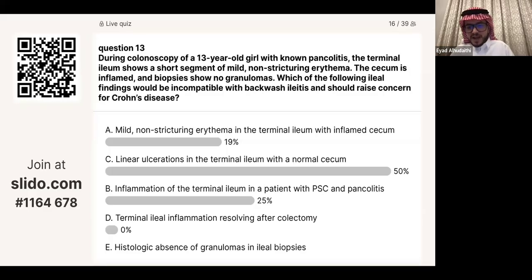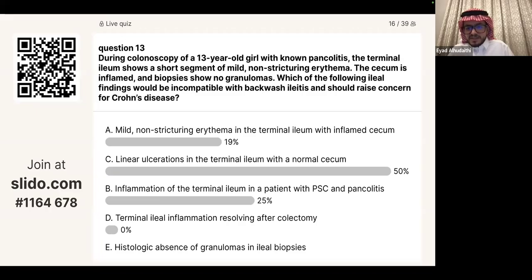So half of you have got it right. It's a tricky topic to differentiate between backwash ileitis and Crohn's disease. But the idea is, if you have worse TI disease than cecum, this is Crohn's.